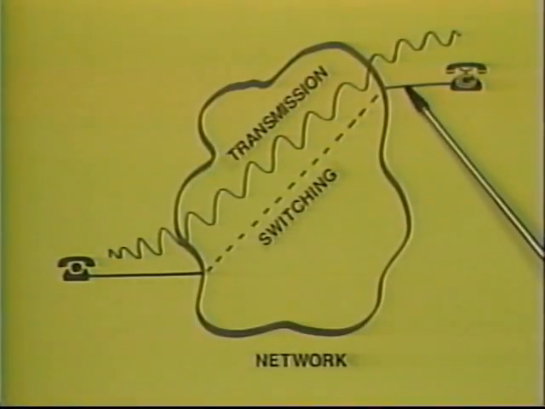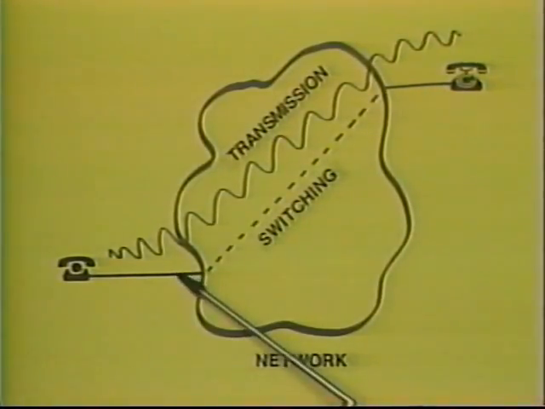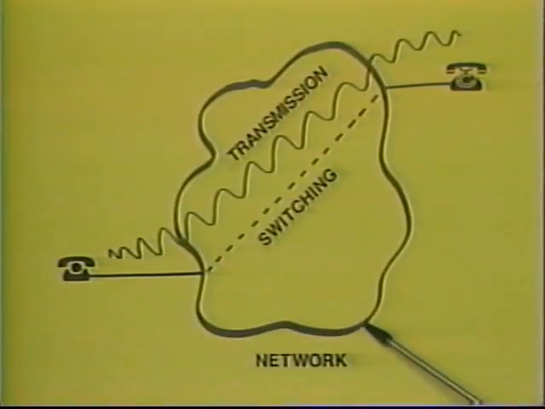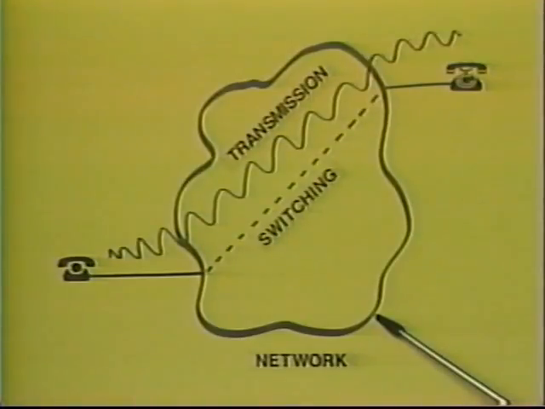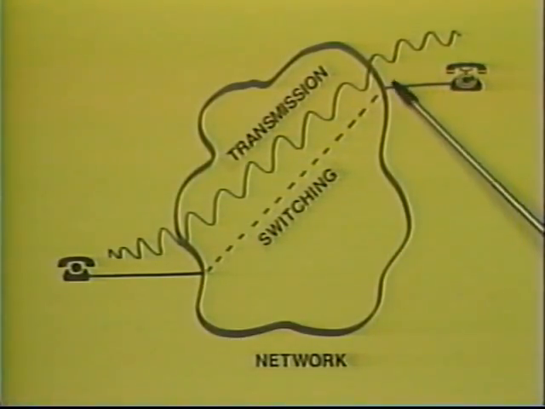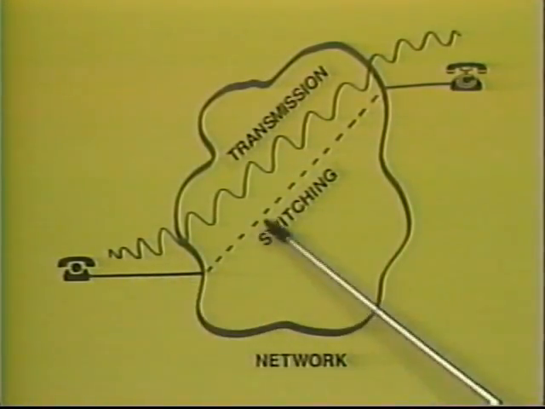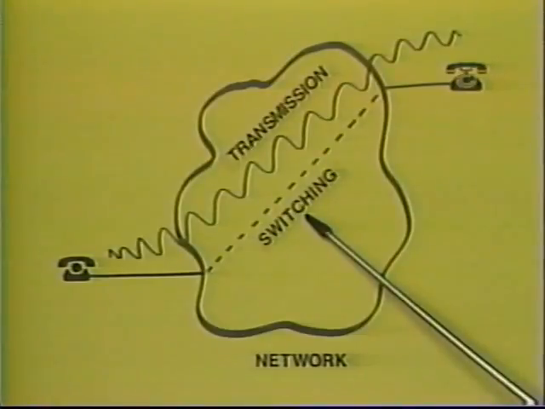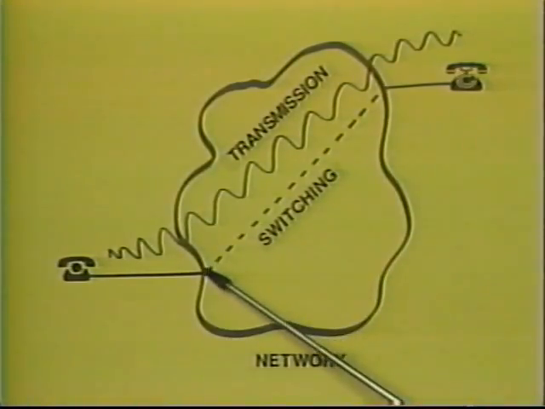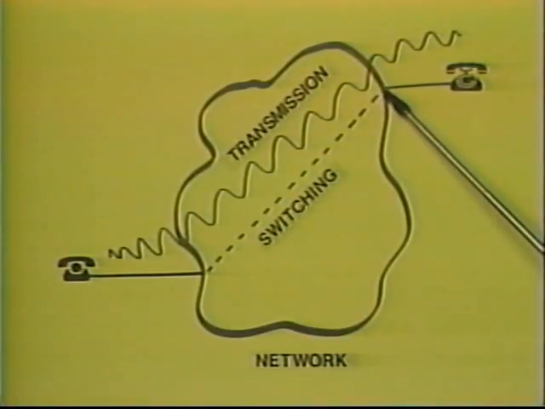Telephones are connected together through a system called a network. The network may be either the telephone system in your office or the worldwide telephone network that connects all dial telephones together. The concept of picking up your phone and dialing another number and being connected to another telephone somewhere is called switching. Switching is what allows these two telephones to be connected.